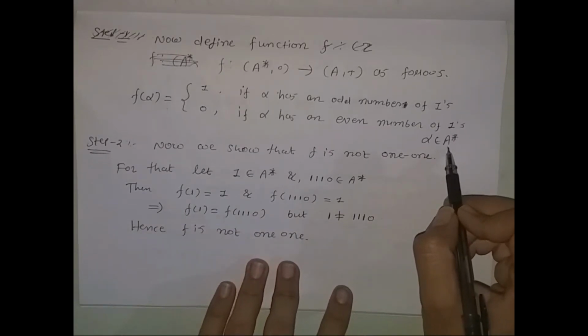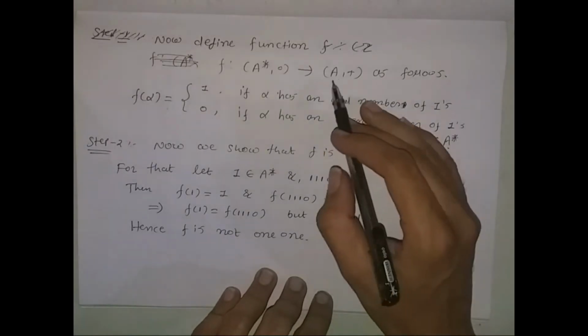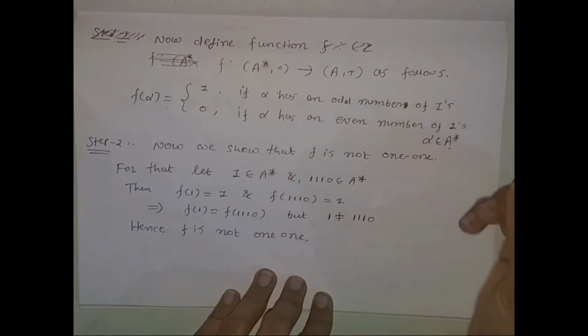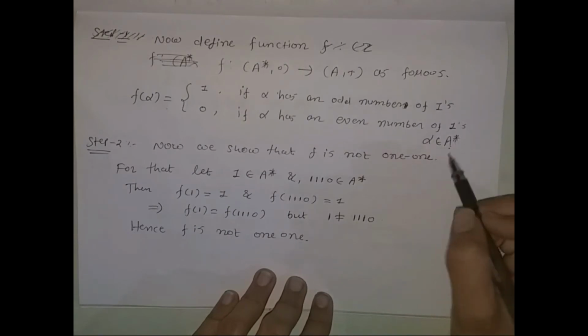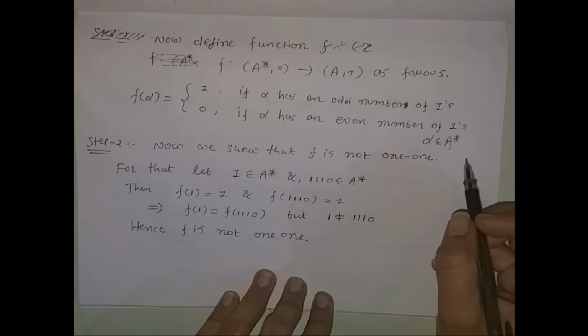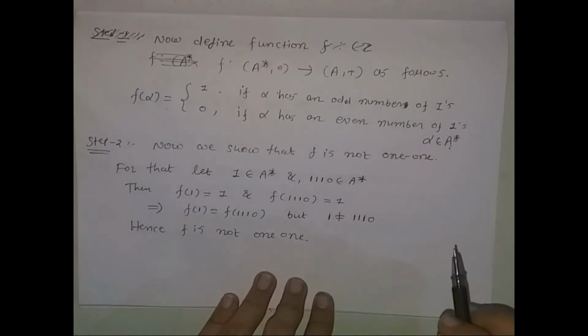A star is the set of finite sequences made from the elements of set A. In set A there are only two elements, 0 and 1, so A star contains the sequences with only the two symbols 0 and 1.